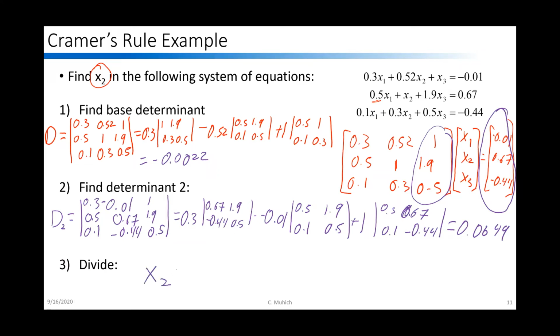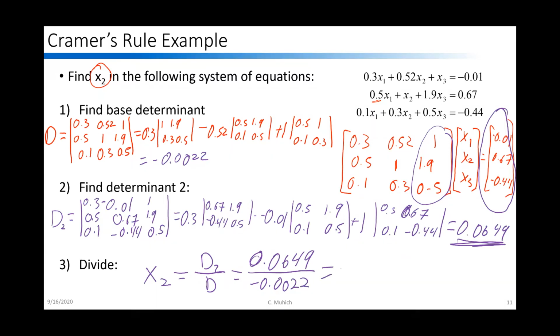So this is the easy step. We have x2 is D2 over D. This is that D2, so 0.0649 all over negative 0.0022.